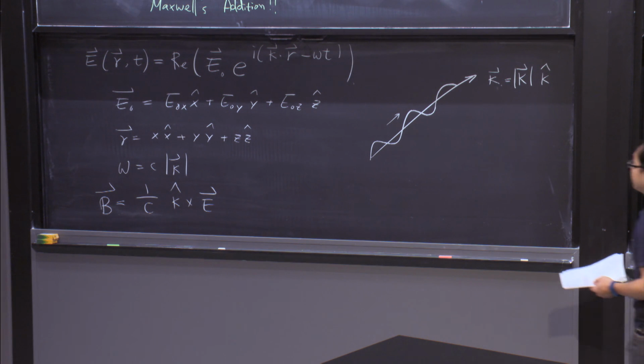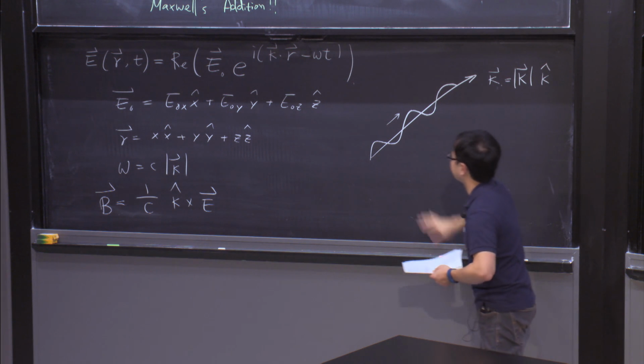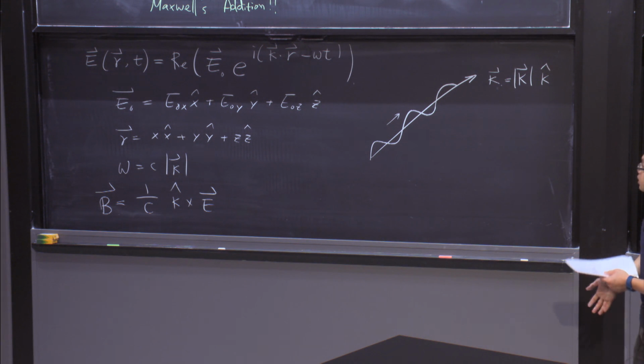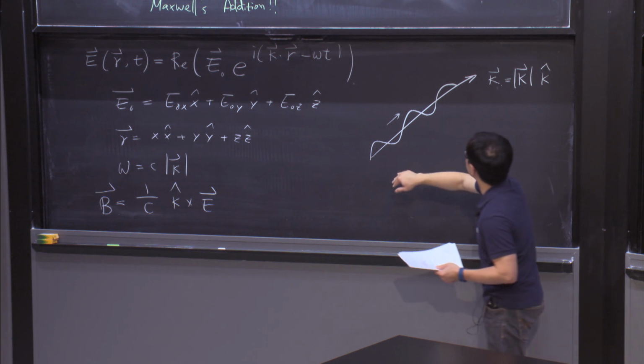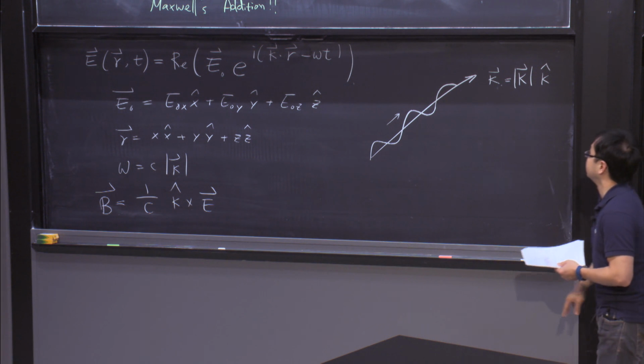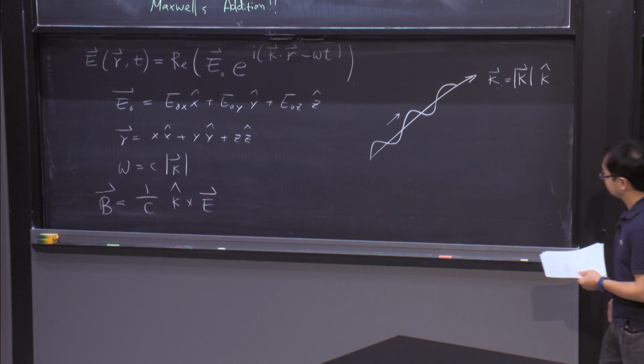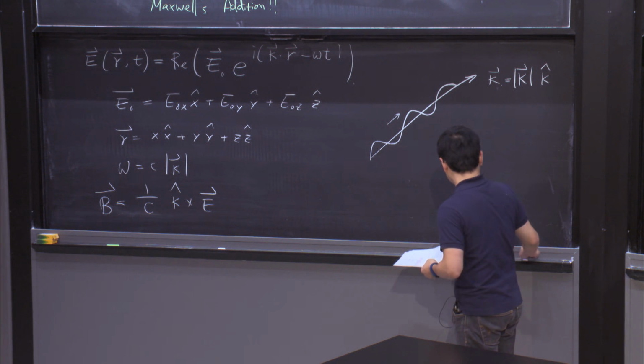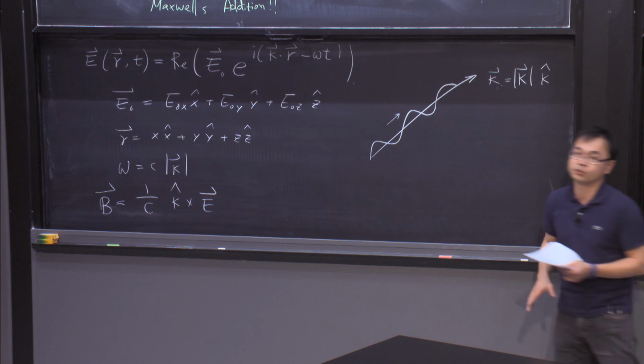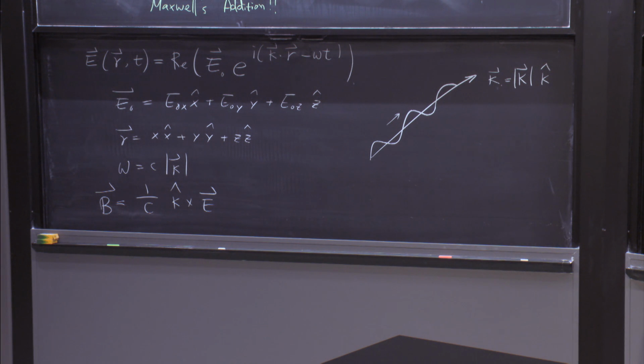And in this case, what I'm trying to construct is a solution which is propagating along the direction of the k vector, and the electric field is going to be pointing in a direction perpendicular to the direction of the k vector.